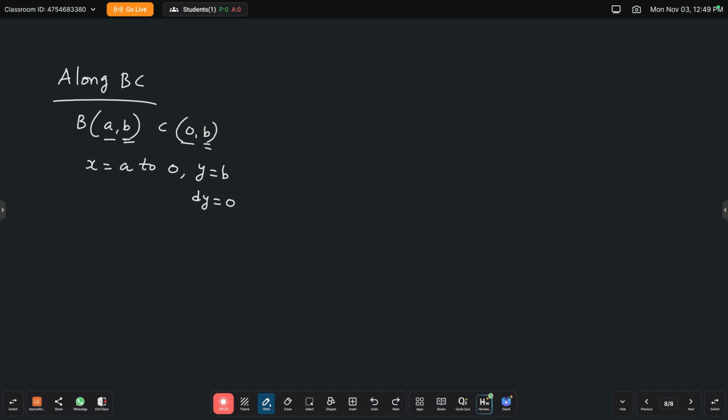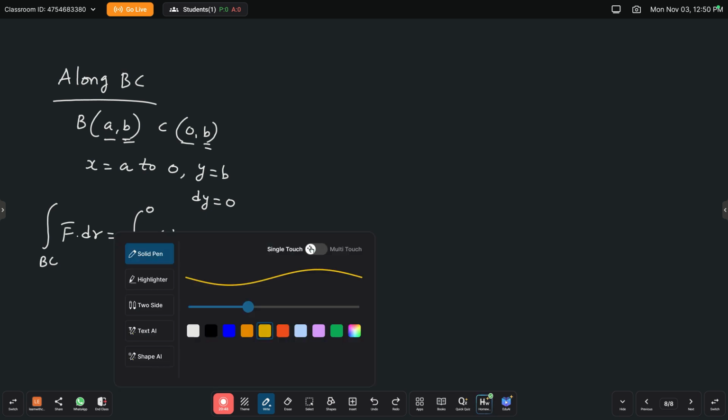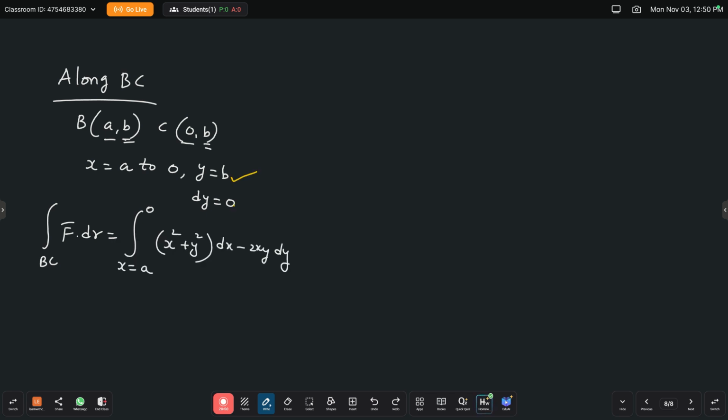Now replace these values in the integral. Along BC, the integral of f dot dr, where x is running from a to 0. What is f dot dr? Already learned: x square plus y square dx minus 2xy dy. In this f dot dr, substitute the above limits: y is equal to b, dy is equal to 0.